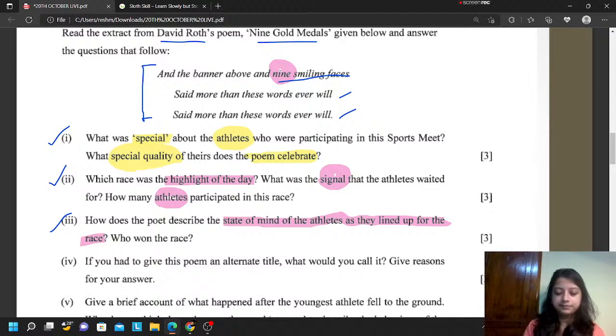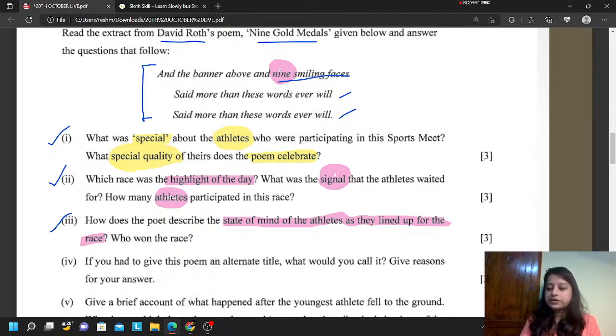Try. We still have one more Act 2 Scene 2 question extract to do, so let's hurry a bit. The question is the state of mind. So we can say they were excited to win the race. They were highly interested. They had practiced a lot.